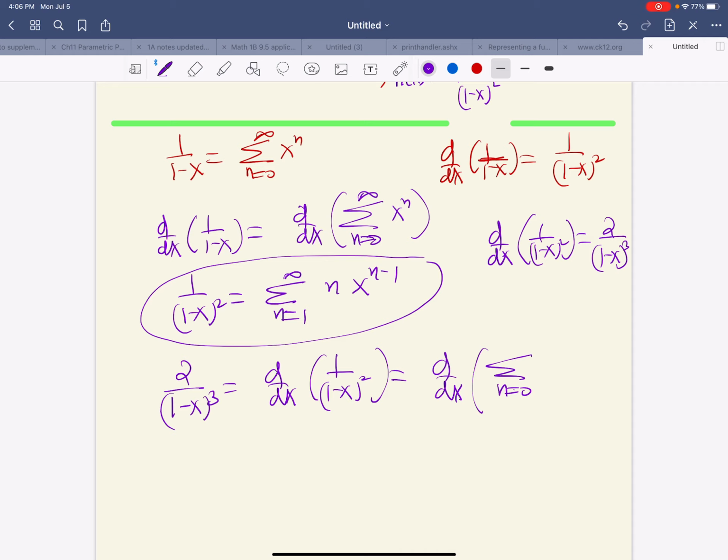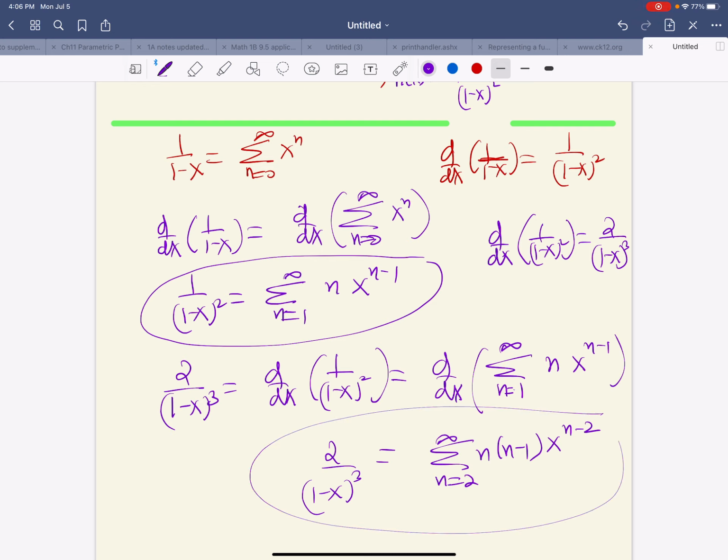With n equals 1 to infinity, I have n x to the power n minus 1. When I do the derivative, it turns out to be n equals 2 to infinity of n times (n minus 1) times x to the power n minus 2. So 2 over (1 minus x) to the third would look something like this. That's the power series for 2 over (1 minus x) to the third.